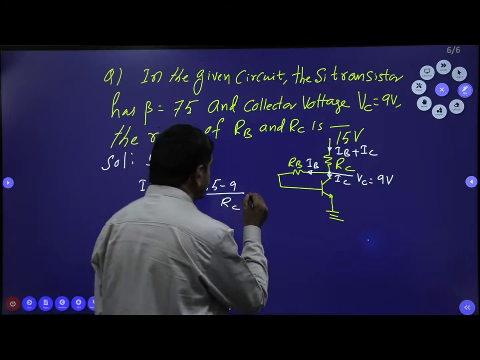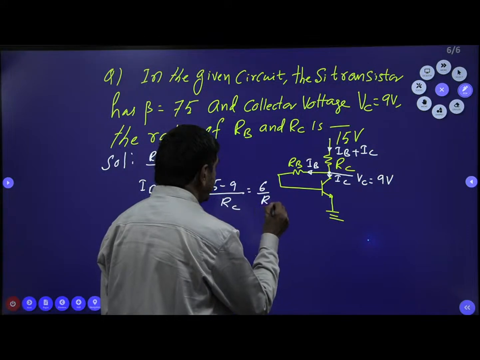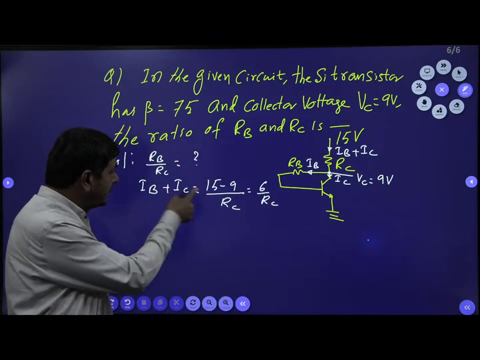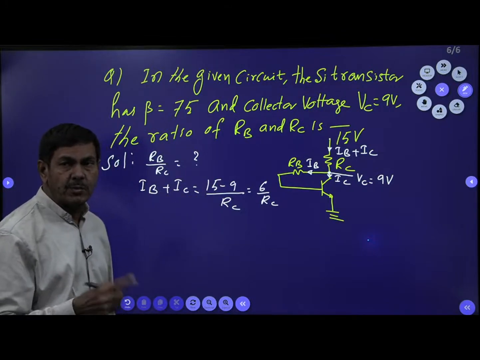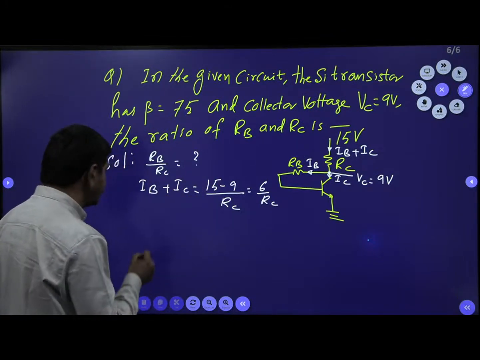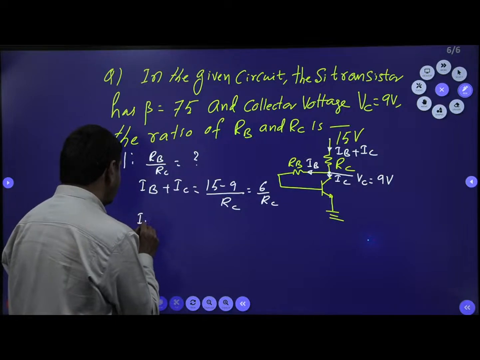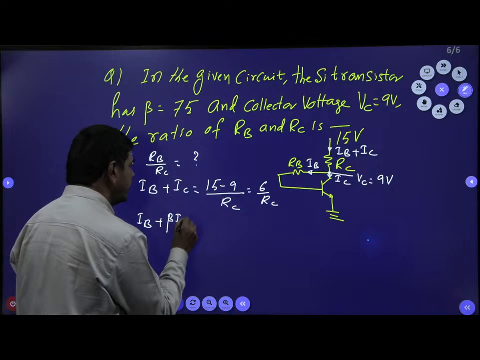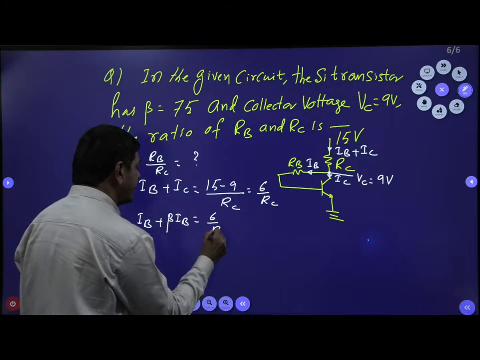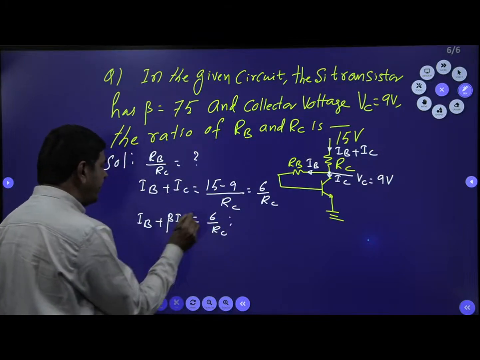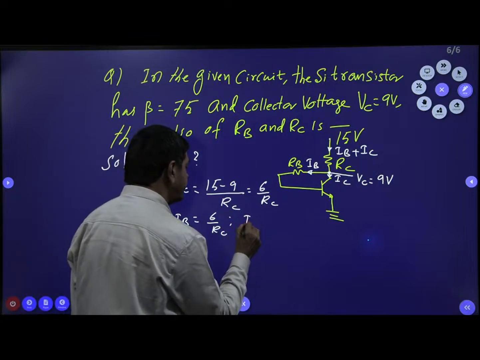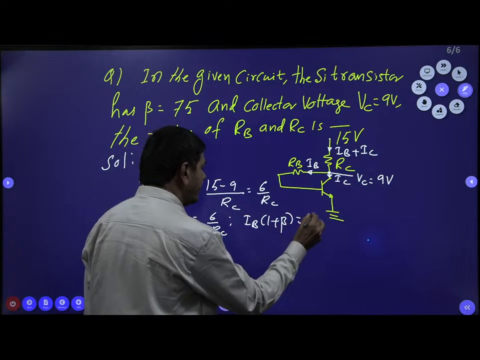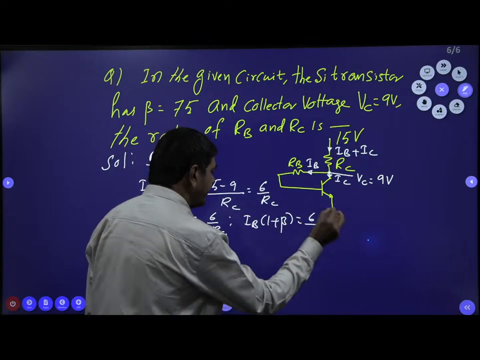Still, what I want to do: IC equals beta into IB. I want to modify it this way. IB plus IC is nothing but beta into IB plus IB, equal to 6 by RC. Here I have taken IB common: IB into 1 plus beta equals 6 by RC.